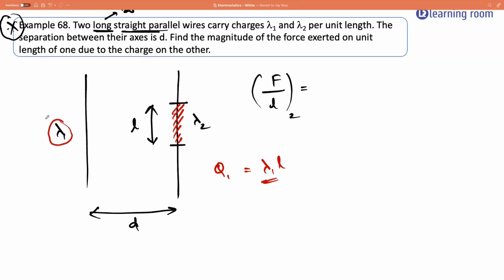Are you right? Yes, sir. So you want to take a length L here. Is that what you're saying? Yes, sir. Okay. Now, what should I do?